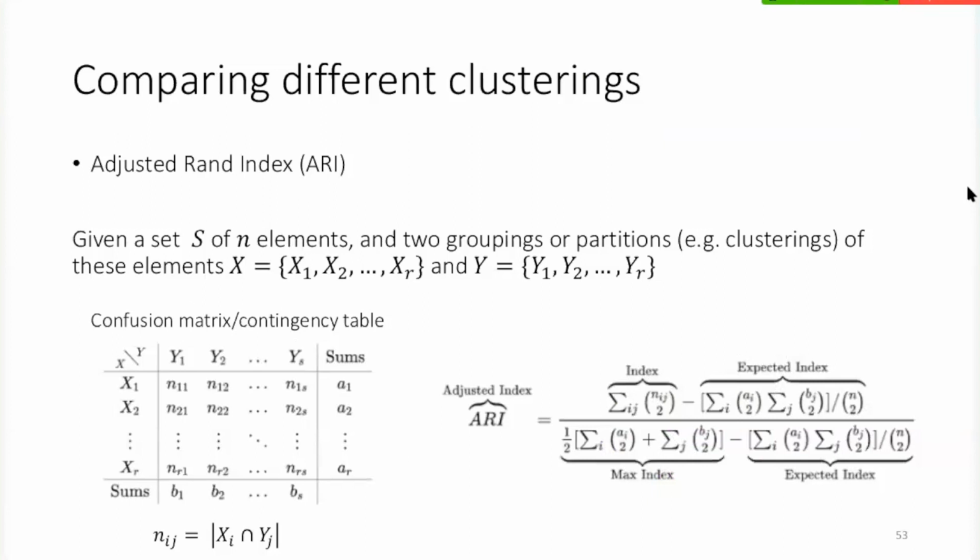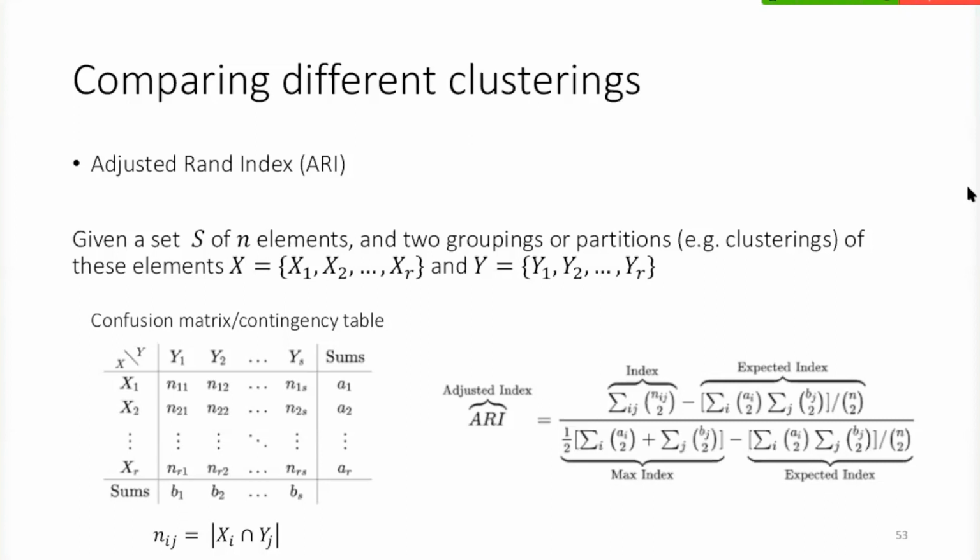Okay, so I have a few more slides on things that you need to think about when you're doing clustering. So how do you compare clusterings, for instance? A very famous way is called the adjusted Rand index, and it's relatively simple. Here I have a set S that has n elements, and I group them twice: once I ended up with X groups and once with Y groups. You can build a confusion matrix or a contingency table that gives you the overlap between these groups.